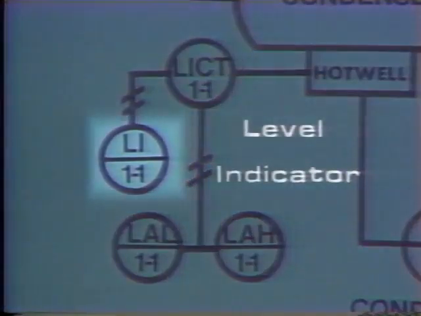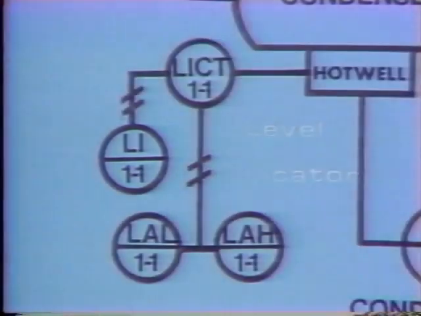We also need a remote level indicator so that condenser level can be monitored in the control room. This is the symbol for a remotely mounted level indicator. Notice that each instrument is marked to indicate that it is connected to Unit 1 and is part of Instrument Group 1.